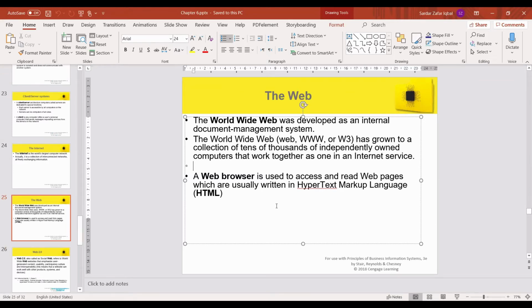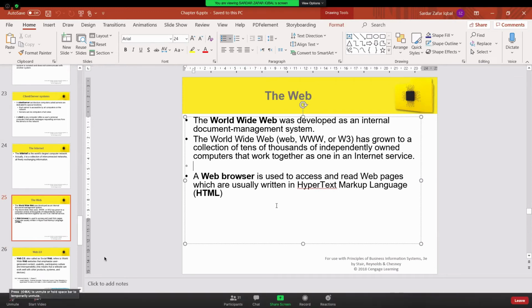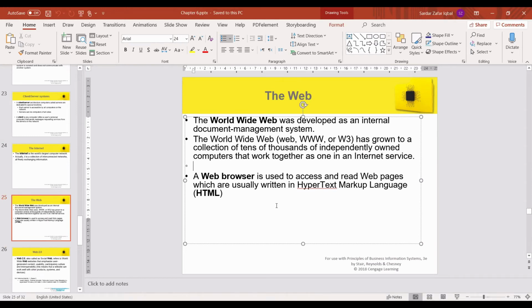Now we have the HTML language, we have HTML5. Do you have experience in HTML or HTML5? Anybody has worked on it? So all the standards are usually made by this organization, the W3 Consortium, the World Wide Web Consortium. All the standards and rules for HTML or the World Wide Web are made by them.